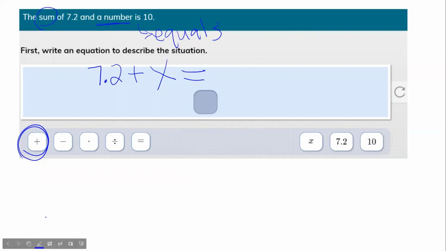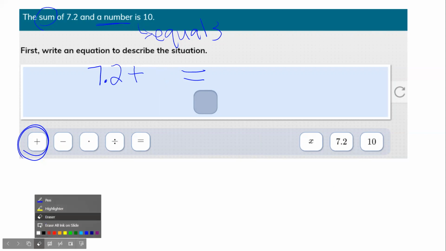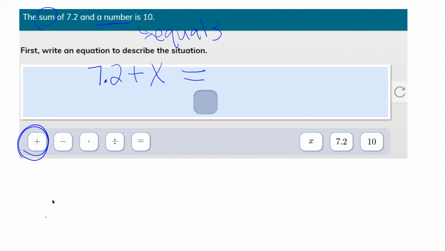That X is horrible. Let's erase that X. It doesn't even look like an X. We'll fix it then. Go back to the pen. 7.2 plus some number, well, that one's not much better, is going to be equal to 10.